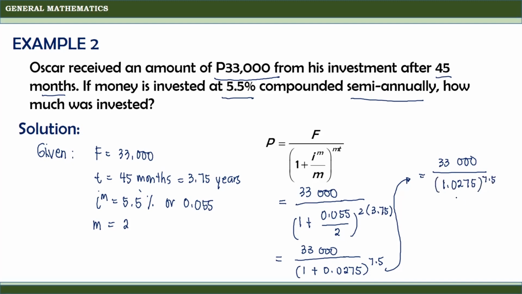From here, you can key this in on your calculators and it will give you an answer of 26,924.66. Therefore, the invested amount is 26,924.66 pesos.